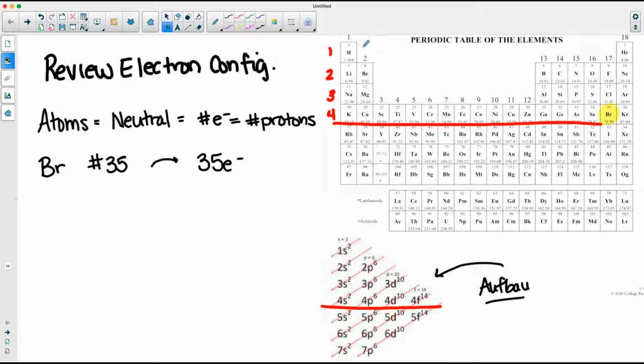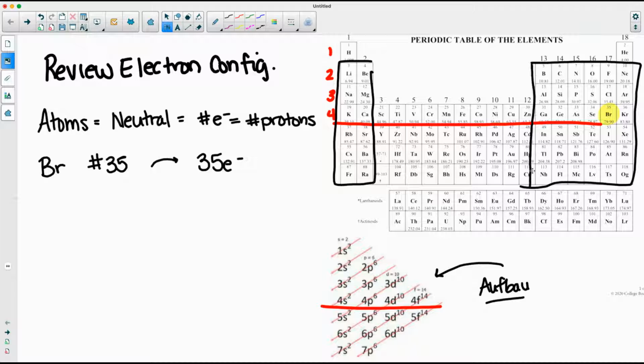These here are my S block, this is my P block, this is my D block, and this is my F block. Those are the sublevels that are filling.